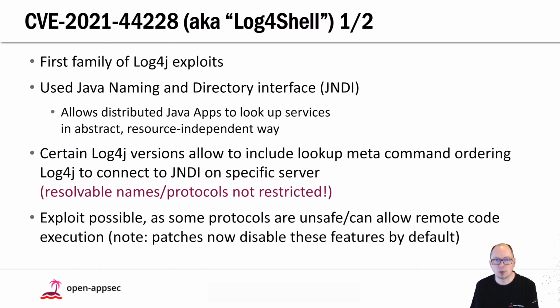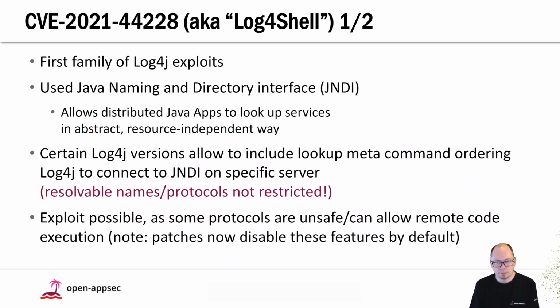So this first one, the Log4Shell vulnerability, was based on usage of the so-called Java Naming and Directory Interface, in short JNDI, which is the functionality that allows distributed Java applications to look up services in an abstract, resource-independent way.